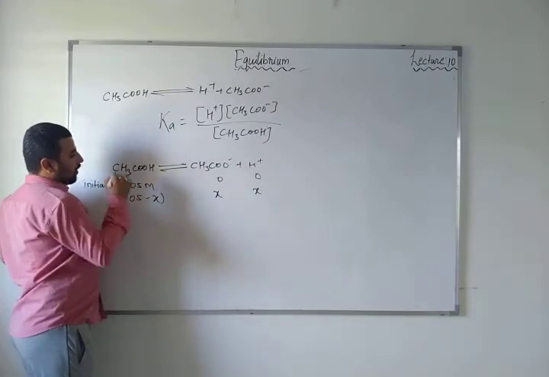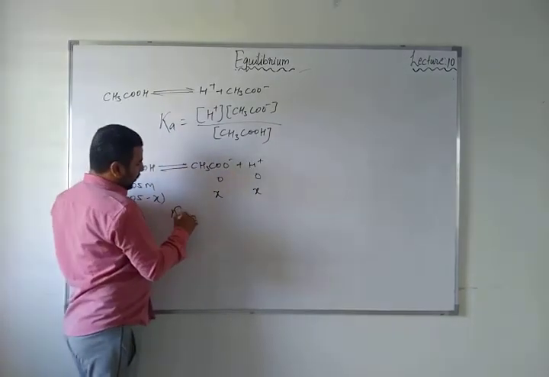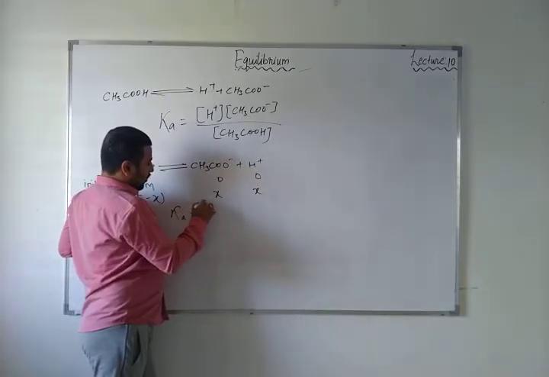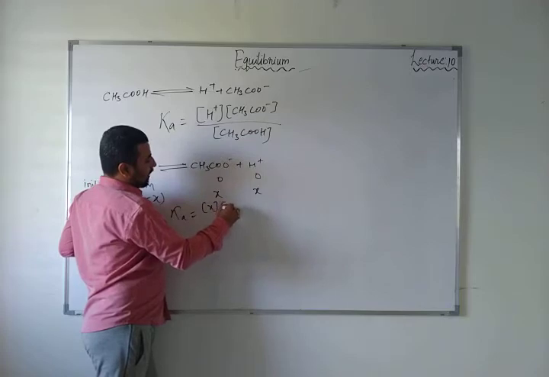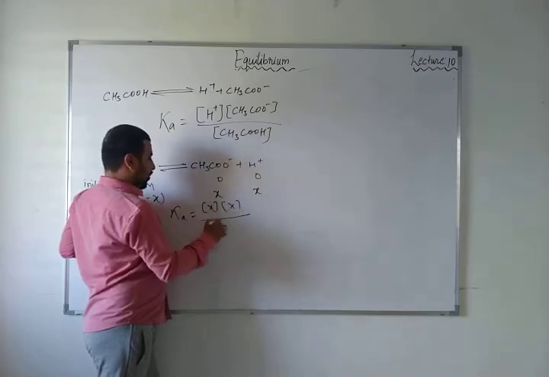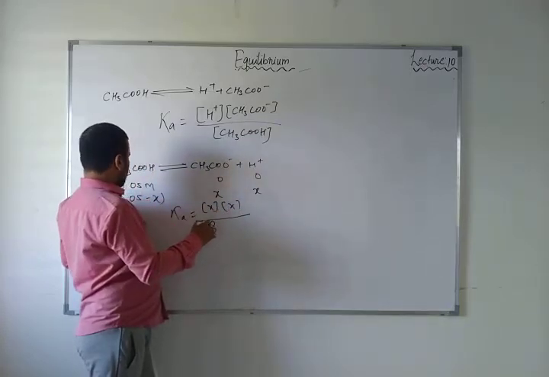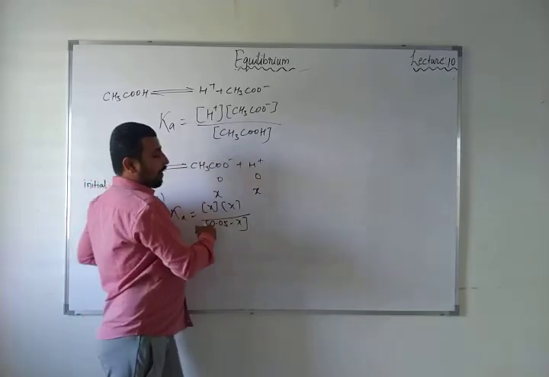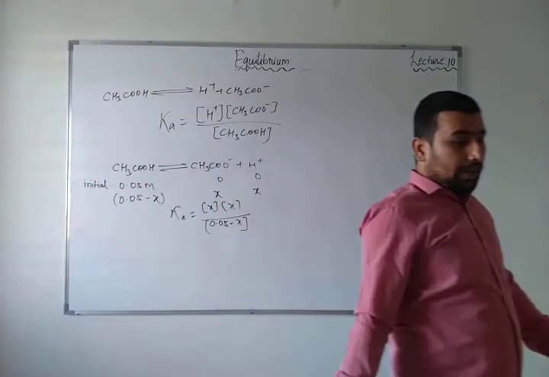Right? And if you want to calculate, Ka is equal to the concentration of products upon the concentration of reactant. Can we write like this? Yes or no? Definitely we can write.